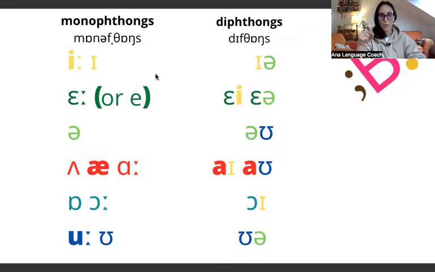So remember, in the monophthongs, E with two dots means long, so we have a long E and a short E sound. Then we have the E sound, long with two dots, or the simple sound of E without two dots, and it can be transcribed with this symbol. Usually it looks like an inverted three, open to the right.